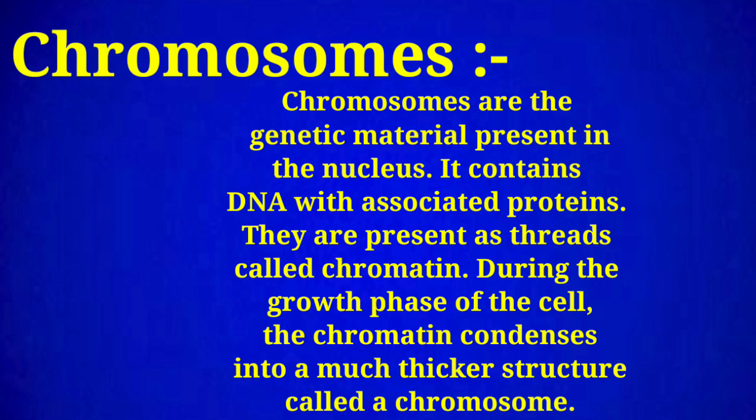Chromosomes. Chromosomes are the genetic material present in the nucleus. They contain DNA with associated proteins. They are present as threads called chromatin. During the growth phase of the cell, the chromatin condenses into a much thicker structure called a chromosome.